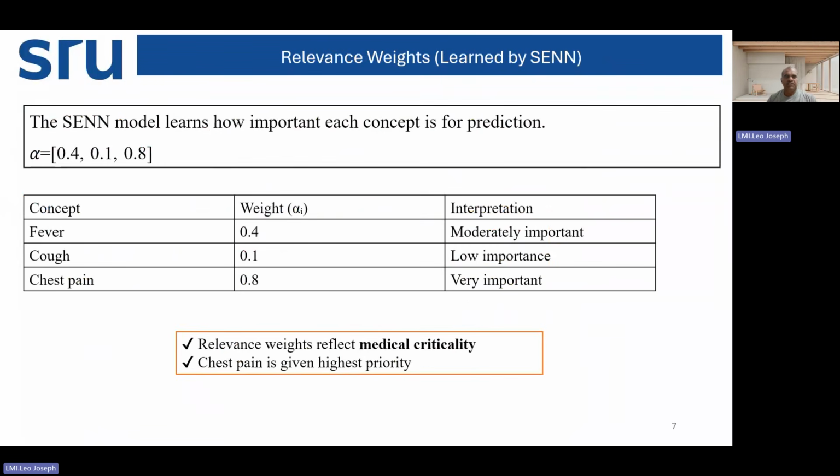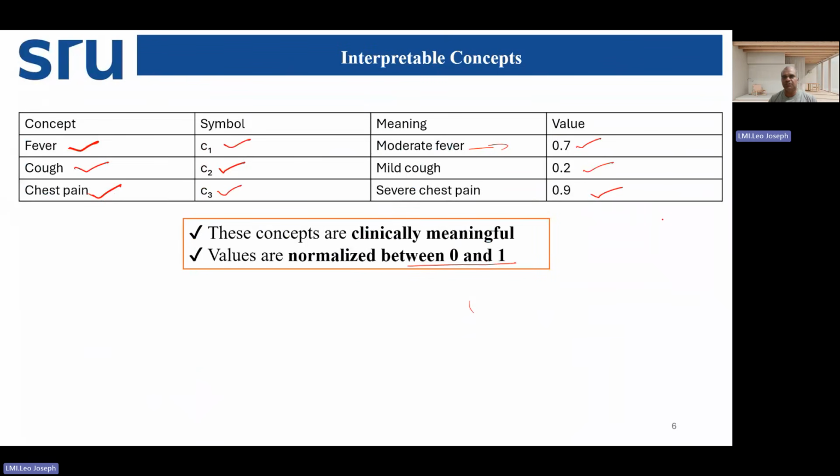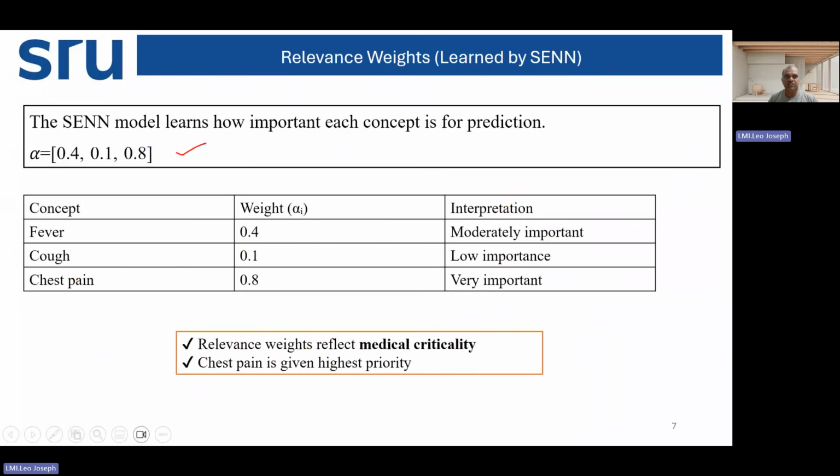So the SENN model learns how important each concept is for prediction. This is the important stage. So alpha, based on the previous values, is the value given by the model. Based on this, SENN is learning what weightage to give.